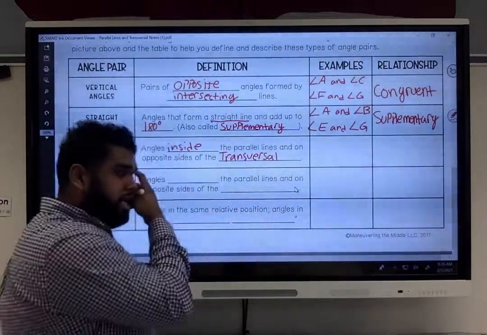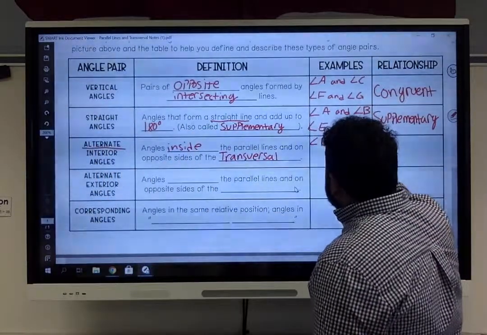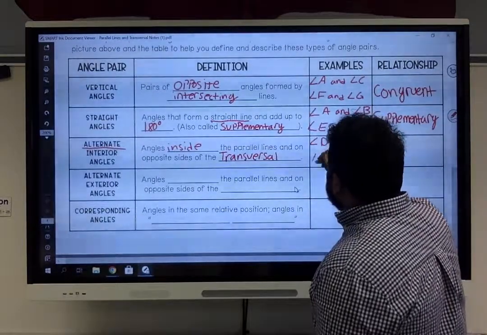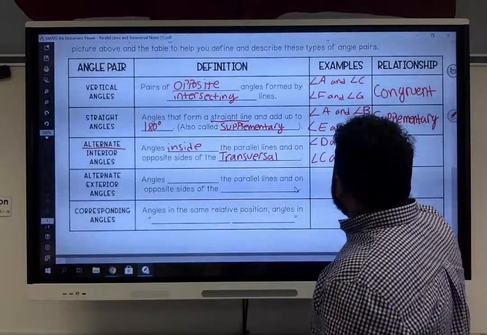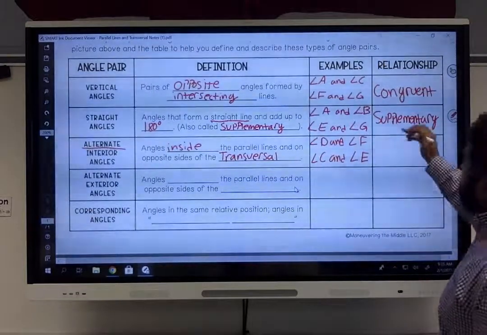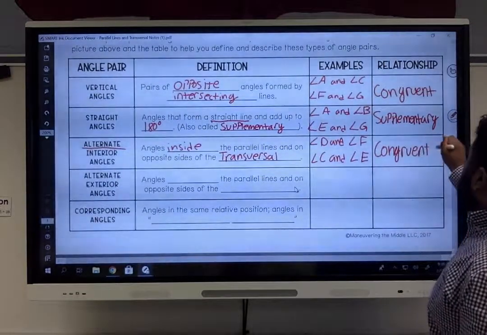Okay, so we said that was angles D and F. And again, those angles, the relationship, they will be congruent.